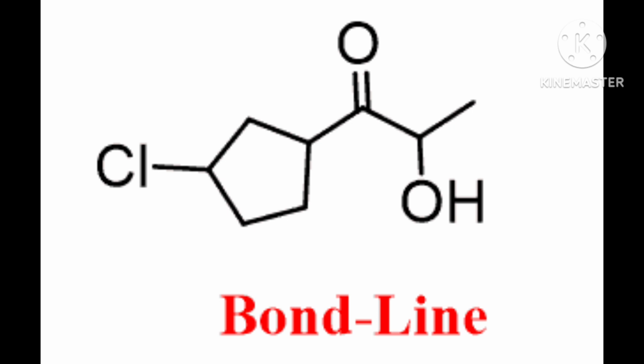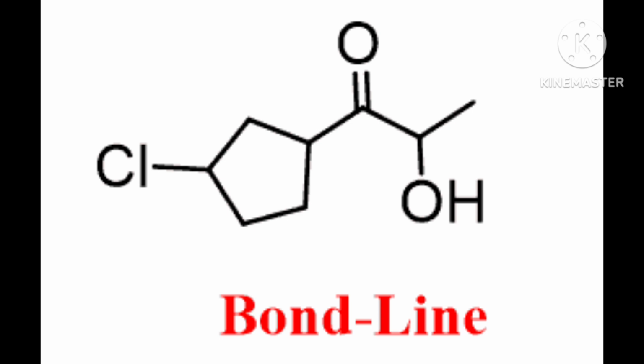That time Br you can write. Methyl group you should not write. If you do not write anything and only a line is there, that means a methyl group is attached. But other than methyl, any group that comes, you can mention it, like fluoro, chloro, bromo, iodo. Another group you can write is COOH. Here you have to mention 4 points.